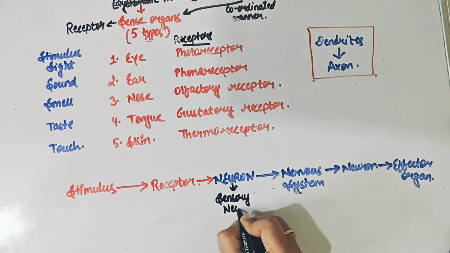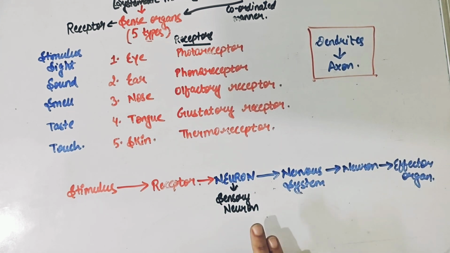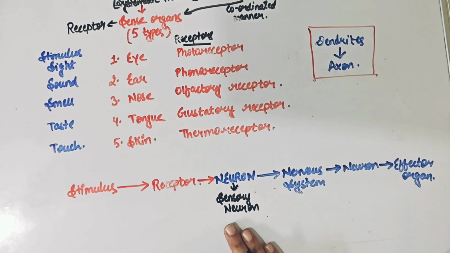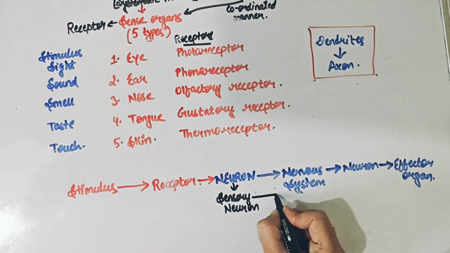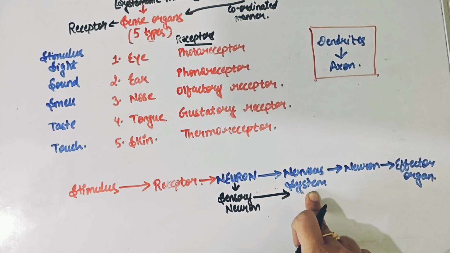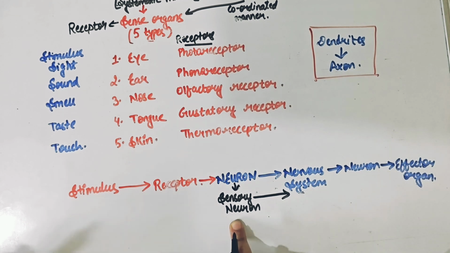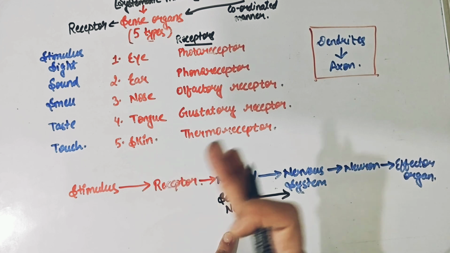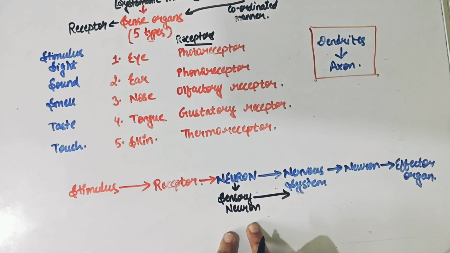Now please remember the keyword, very important. Here we are talking about the types of neurons. The neurons which are getting the information from the receptors and sending it to your nervous system are known as sensory neurons. Getting from the receptor and sending to the nervous system are sensory.